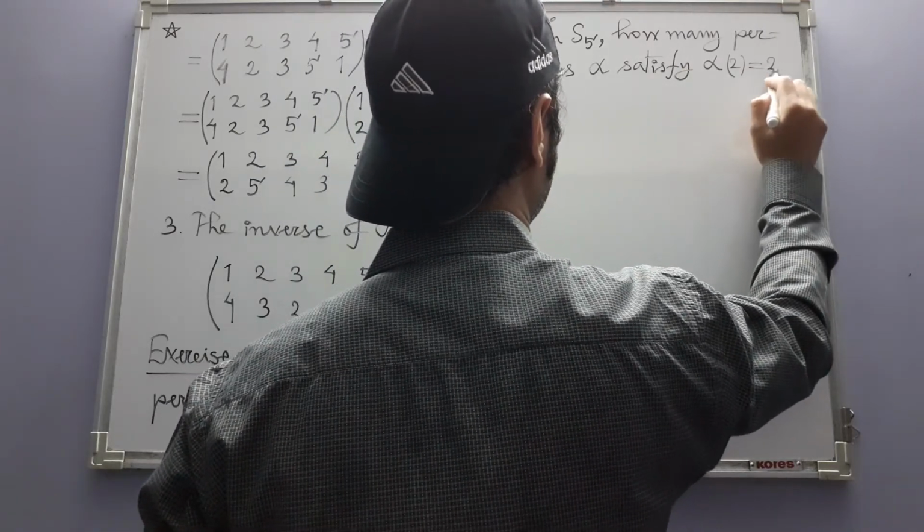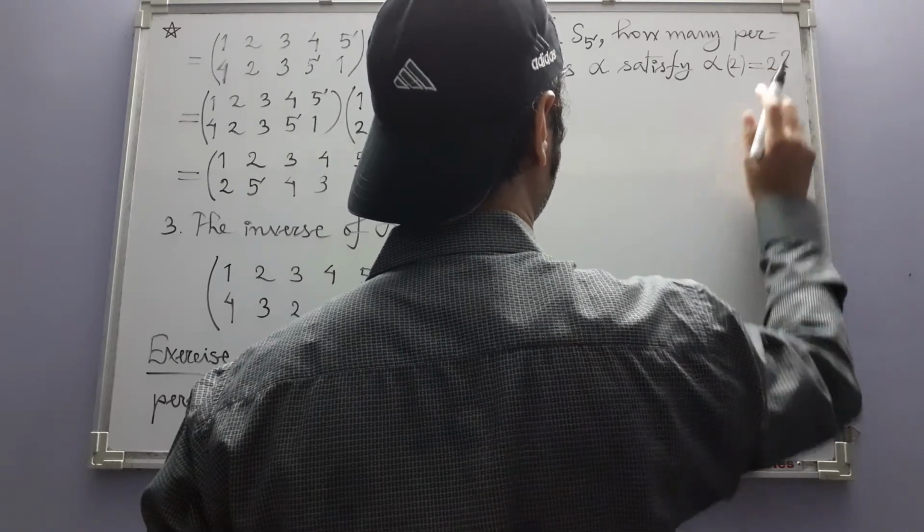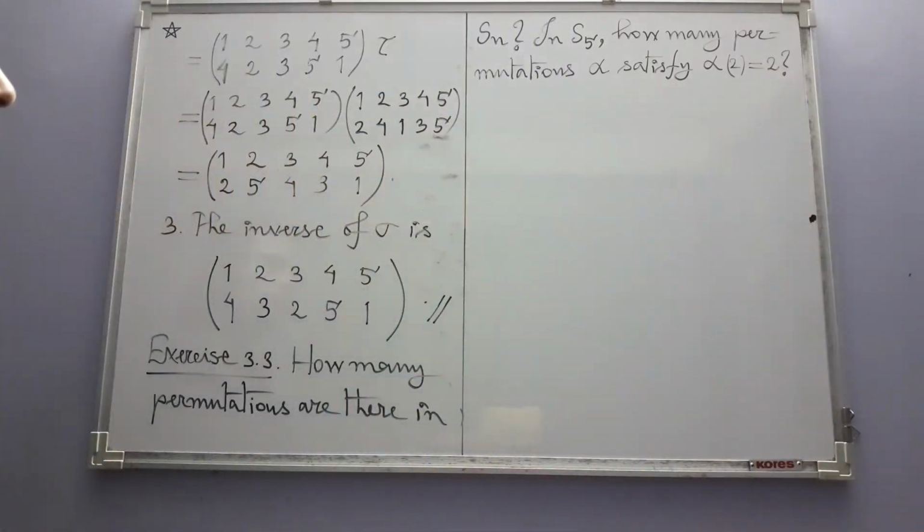That is, the image of 2 under alpha is 2. That is, alpha fixes 2 or does not change 2.